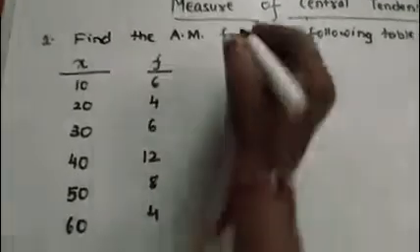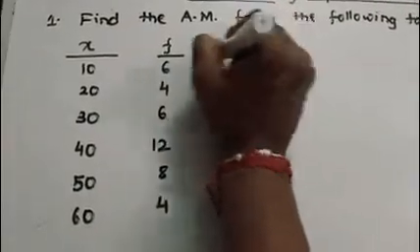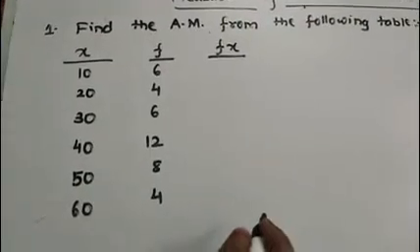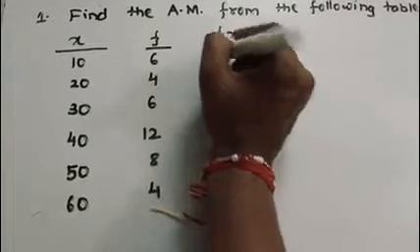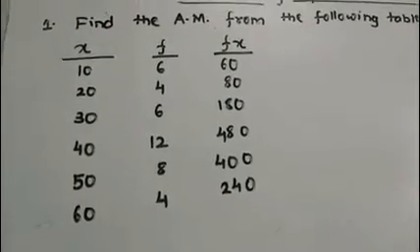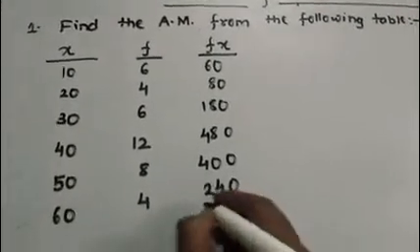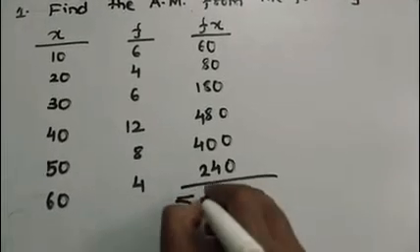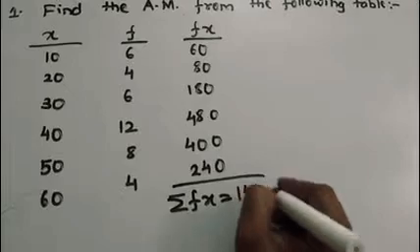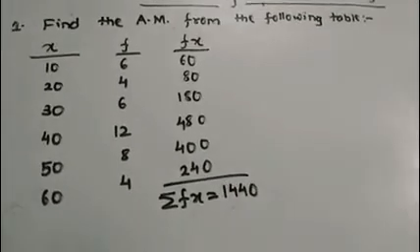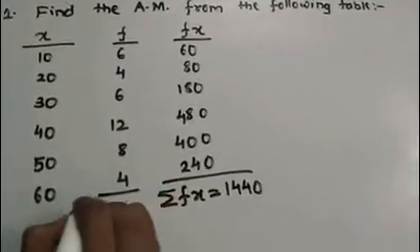So first of all, according to the formula, we have to find f into x for the solution part. That means multiplying these two. After multiplying we get this. Now we have to simply add them, summation over fx. After adding them using the calculator, we get 1440, and then we add summation over f.